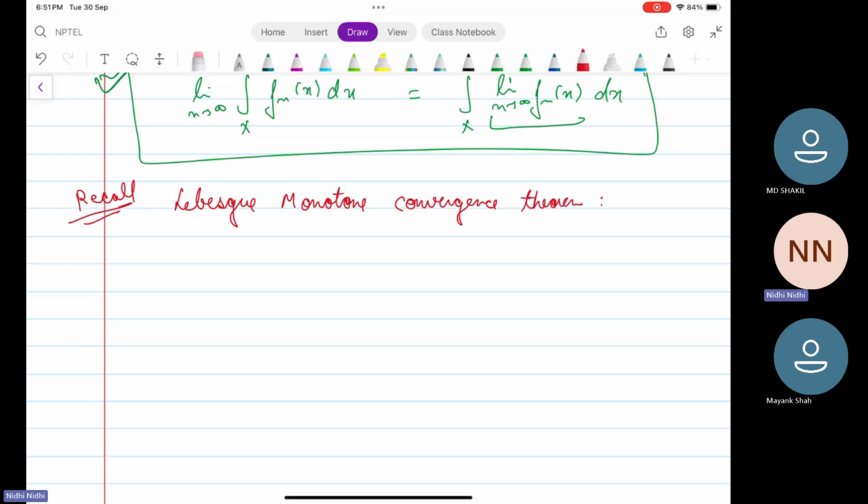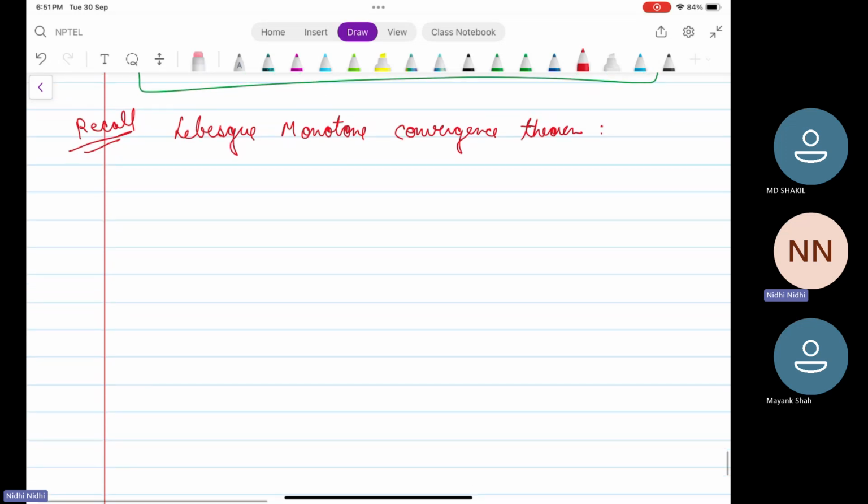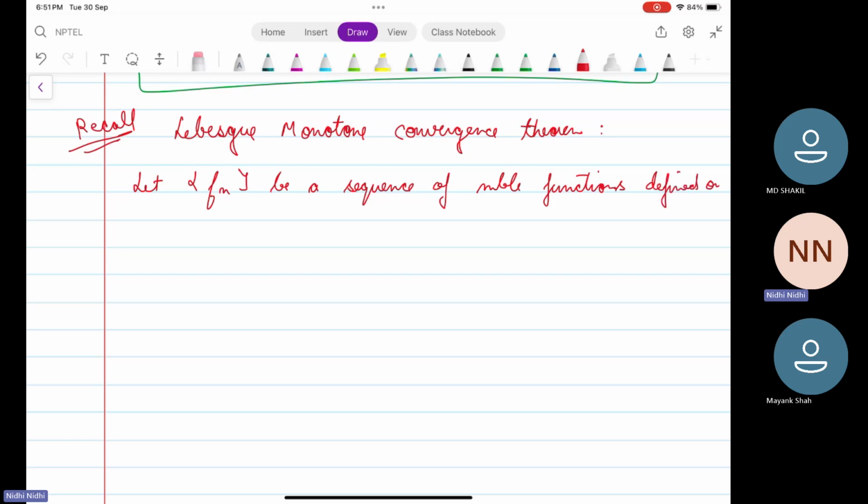Now suppose fn is a sequence of measurable functions defined on some set X such that the following holds.